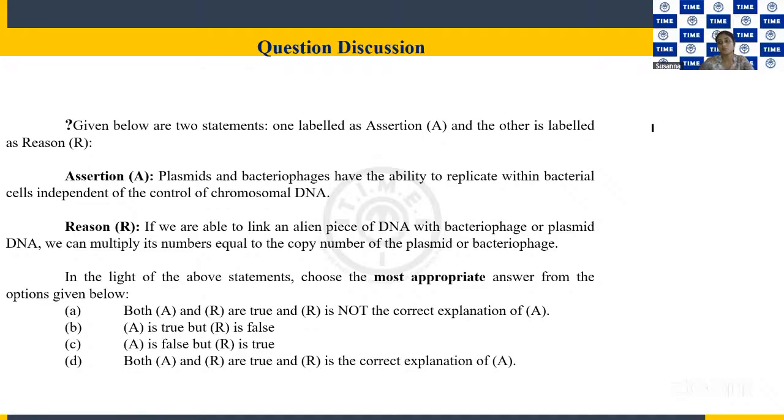I hope you know what a plasmid is and what a bacteriophage is. We'll be studying plasmids and bacteriophages in the biotechnology chapter. This question is from Principles and Processes of Biotechnology.